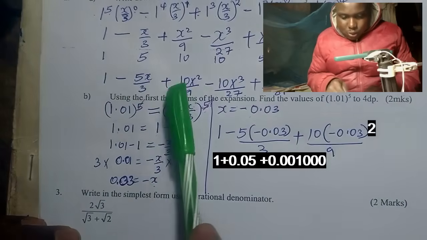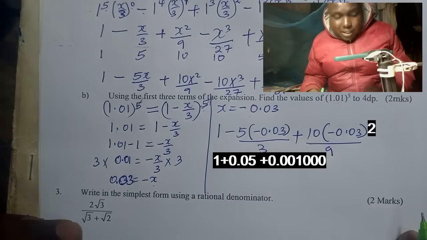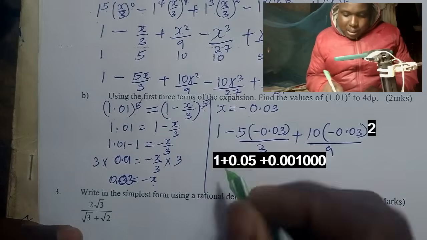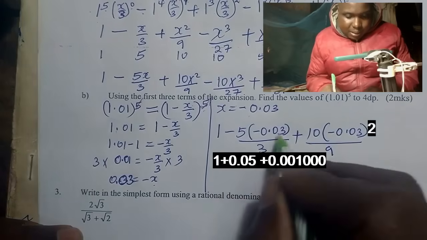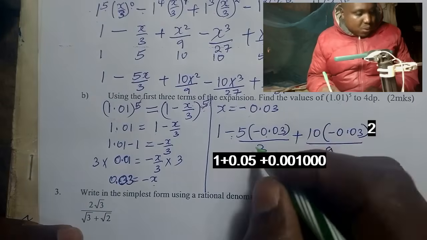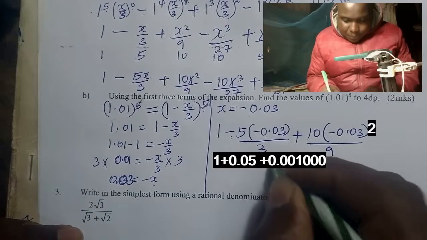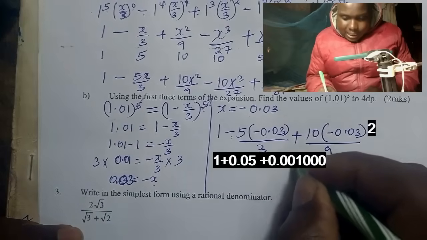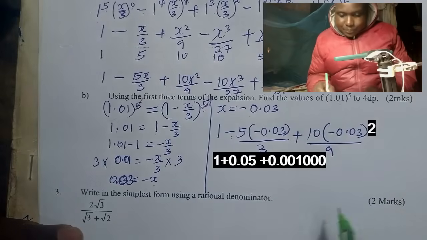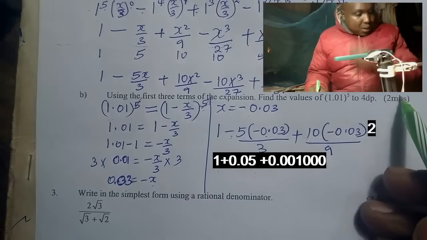We have been asked to use the first 3 terms. You don't need to do otherwise. So when you work it out, this negative becomes positive, and finally you get 1 plus 0.05 plus 0.001.